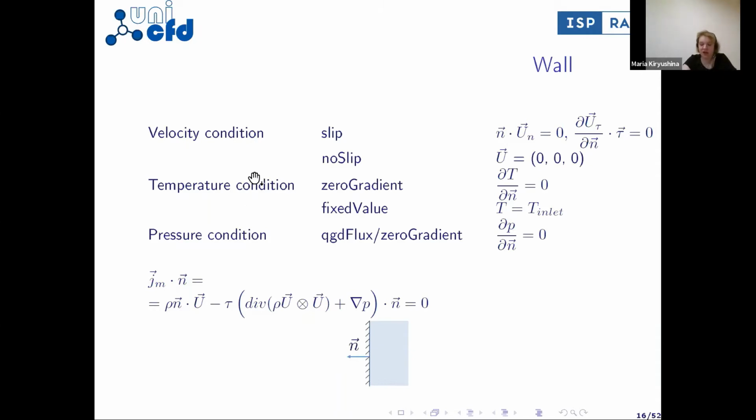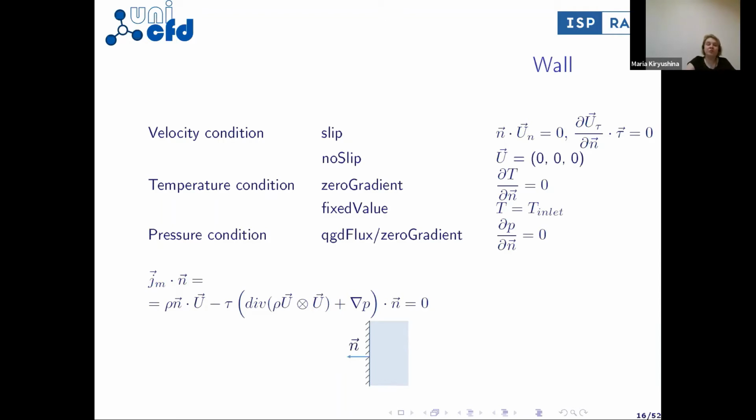Adiabatic and isothermal conditions for the temperature are zero gradient and fixed value. In the first case, the temperature derivative in normal direction equals 0. In the second, the temperature equals inlet temperature.